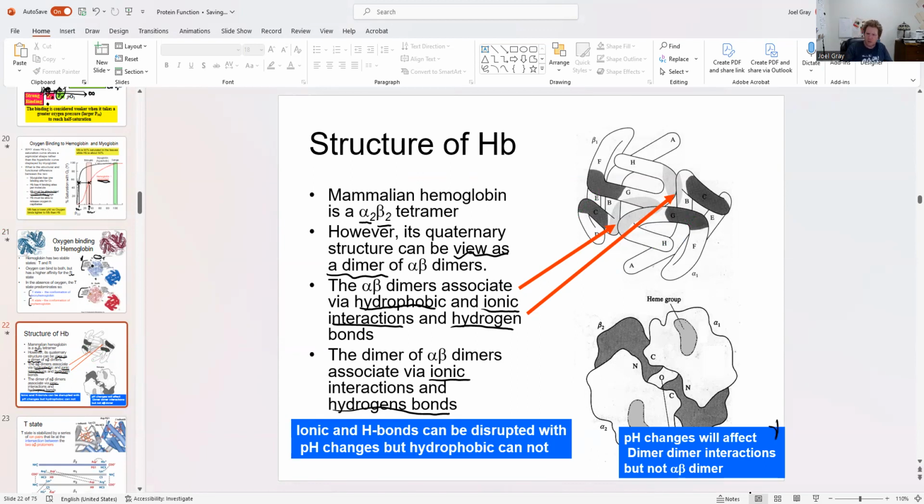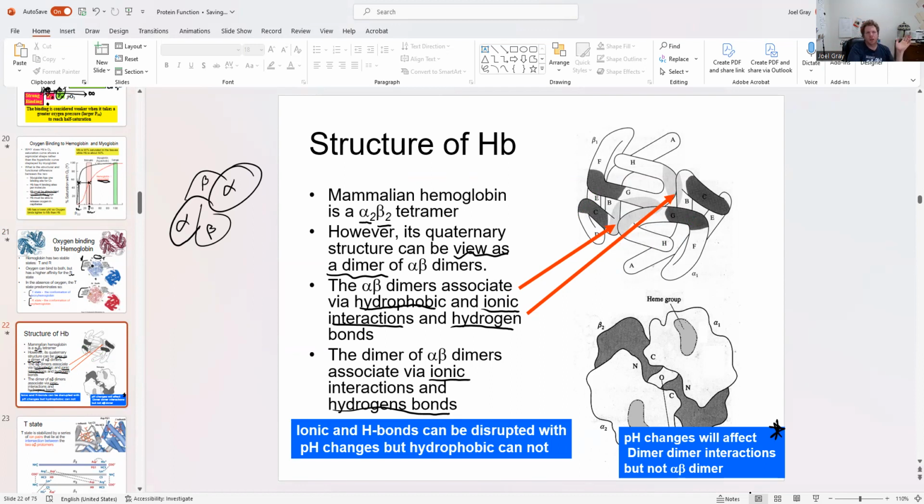So this detail right here is very important. Now, pH changes will affect the dimer-dimer interactions, but not the 2 individual dimers. So basically, you've got something that looks like this, alpha, beta, and then alpha, beta.